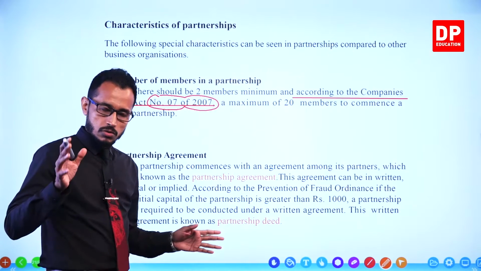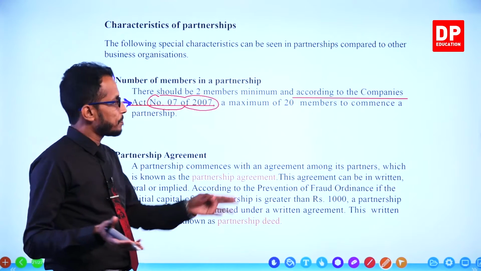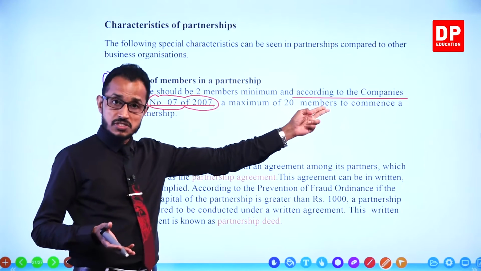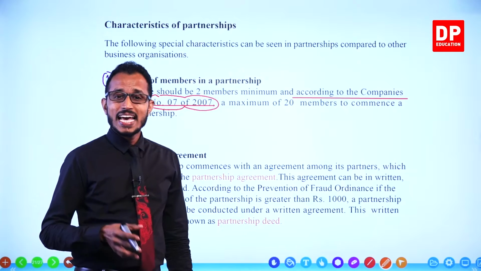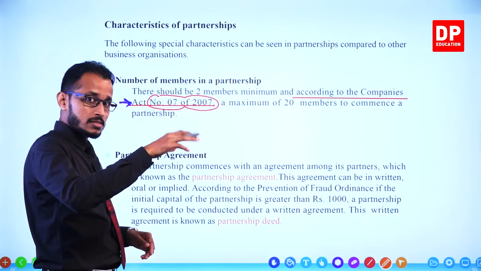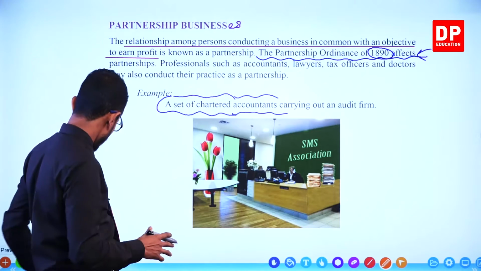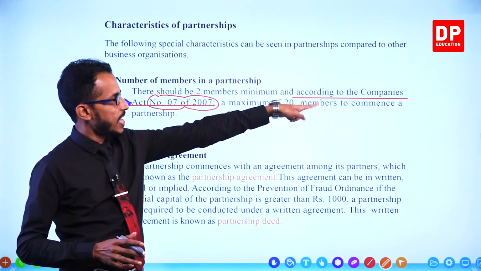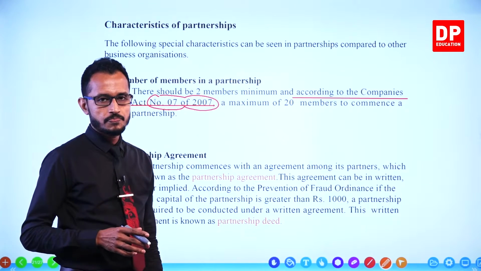What is the law or the regulation which contains the number of partners in a partnership business? Is it the Partnership Ordinance of 1890, or is it the Companies Act number 7 of 2007?